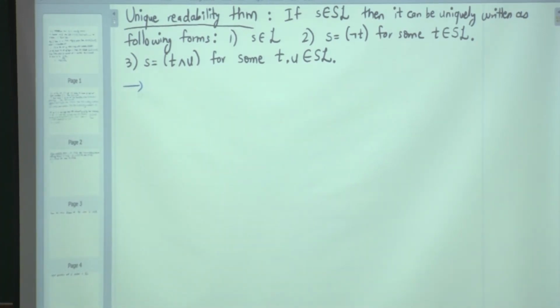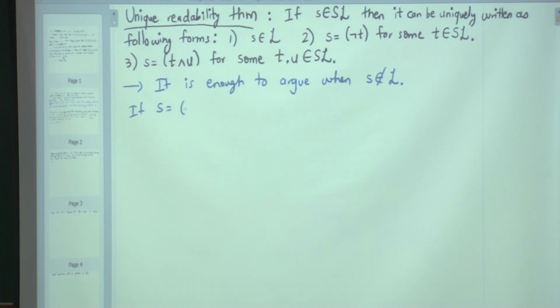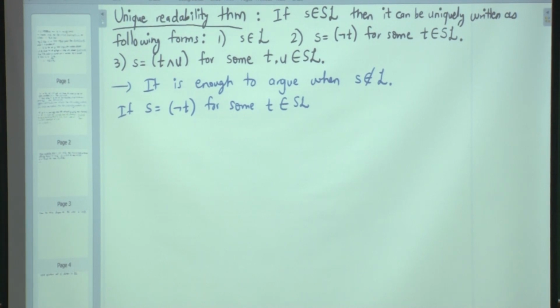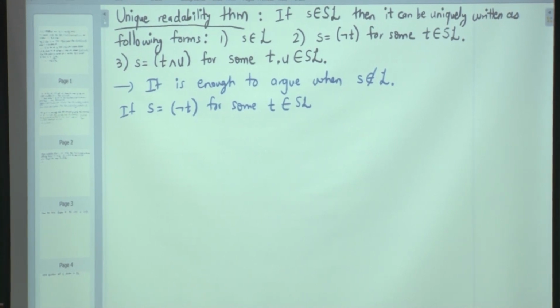So it is enough to argue when S is in L. If S is equal to negation T for some T, or perhaps I will make a slight change. We are facing problems because I am using the same notation over here.